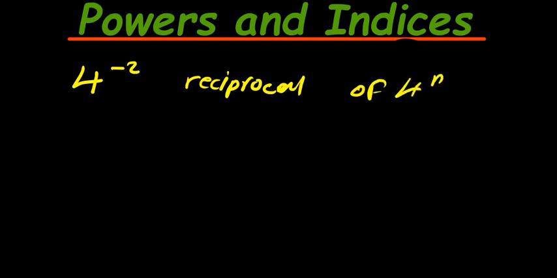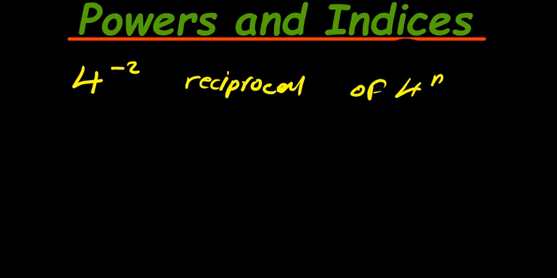Given that 4 to the power negative 2 is the reciprocal of 4 to the power n, let's find the value of n. So how do you find the value of n? They have said that 4 to the power negative 2 is the reciprocal of 4 to the power n.